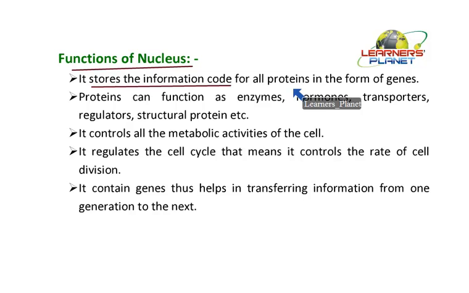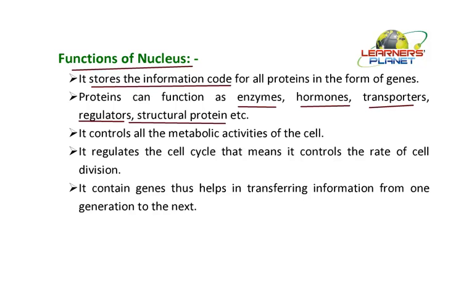So if only protein is produced by genes, then how are those other functional molecules produced? The reason is, we can explain it with the help of another point. These proteins which are encoded by genes can function as different things, like enzymes or hormones, transporters, regulators, structural proteins, etc.